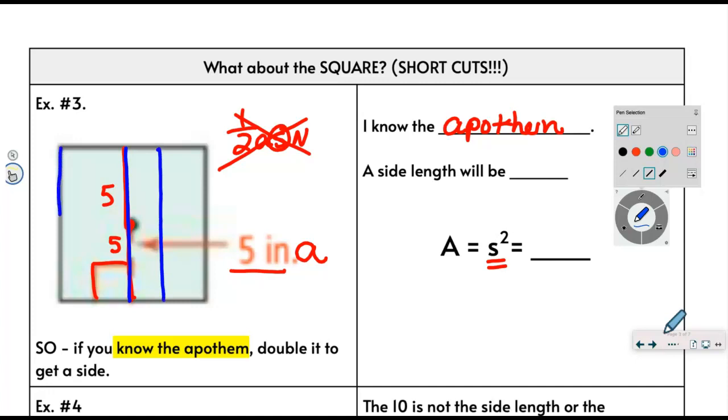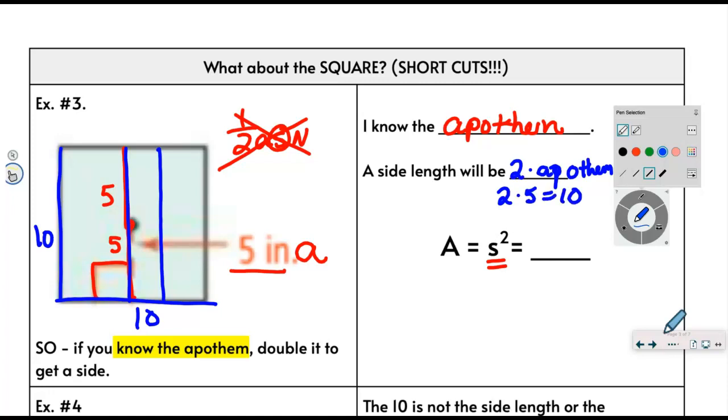More importantly, it's 10 over here, which is the side length. And the sides on a square are the same. So a side length is going to be 2 times my apothem, which in this case is 2 times my 5 or 10.